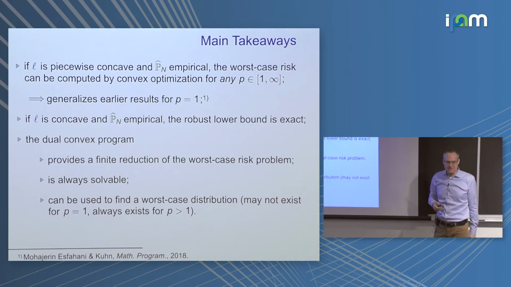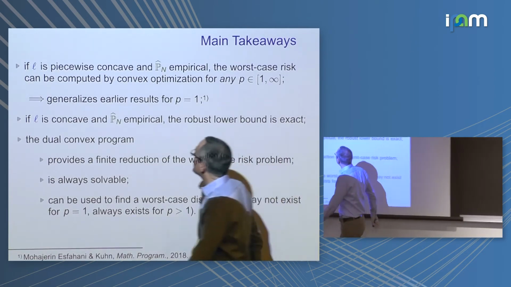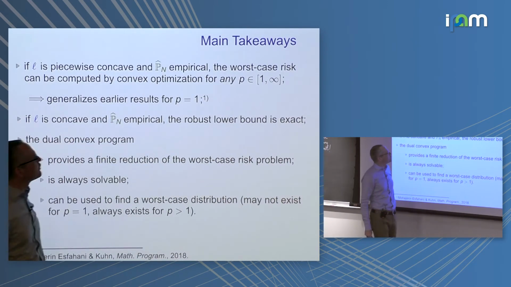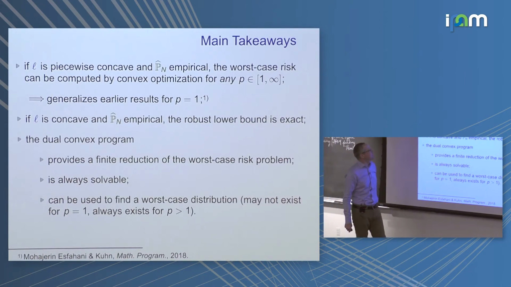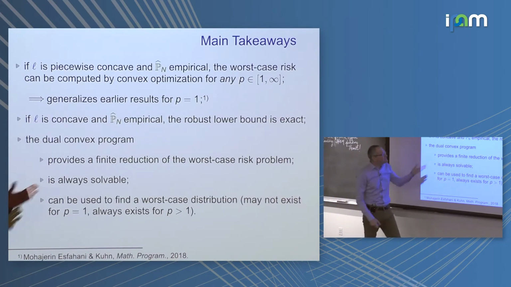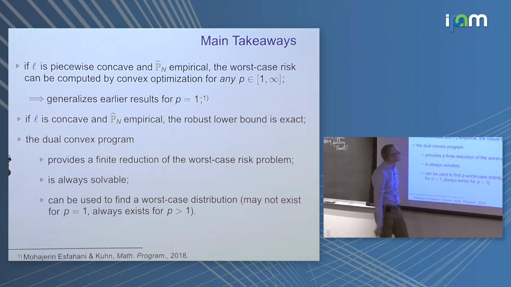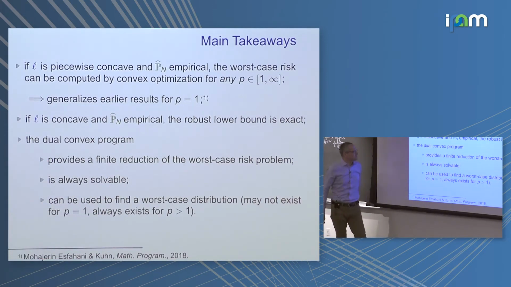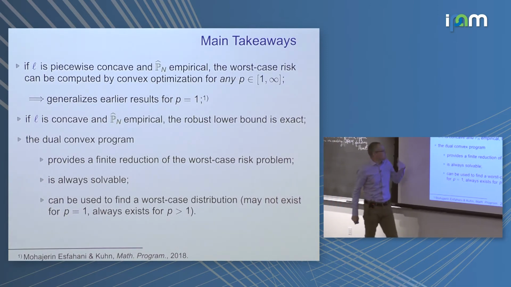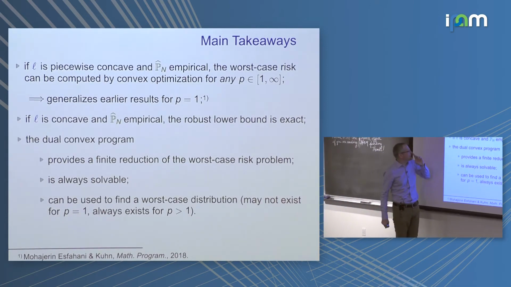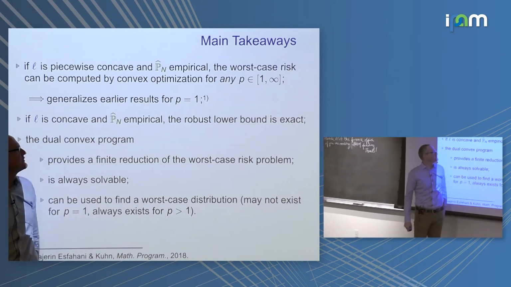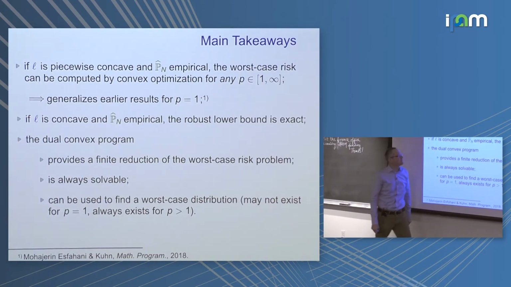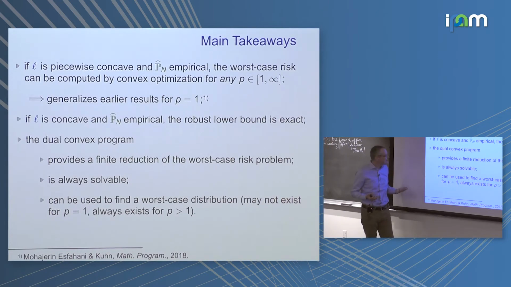So here's a summary. If the loss function is piecewise concave and the nominal distribution is the empirical one, then the worst case risk can be computed by convex optimization for any p between 1 and infinity, and this generalizes the earlier result for p equals 1. So the dual convex optimization problem showed us that if the loss function is concave and the nominal distribution is empirical, then the robust lower bound is actually exact.